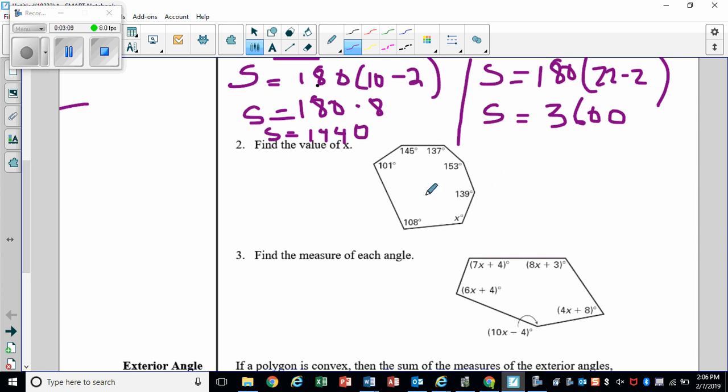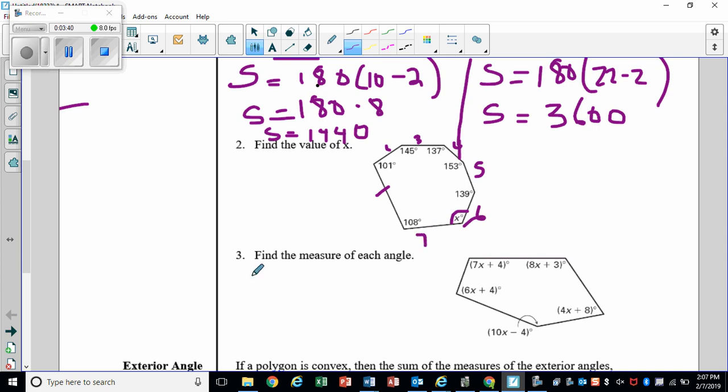When they give you a polygon like this, where they're looking only for one x, or in this case, there are a couple of x's here, the first thing we need to do is ask how many sides does the polygon have? So in this case, I'm going to count 1, 2, 3, 4, 5, 6, 7-sided figure.